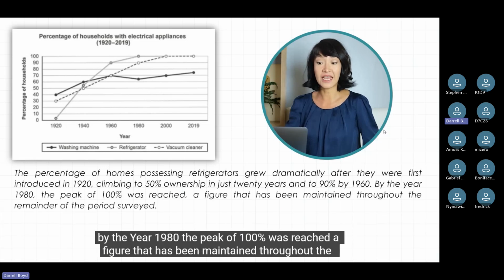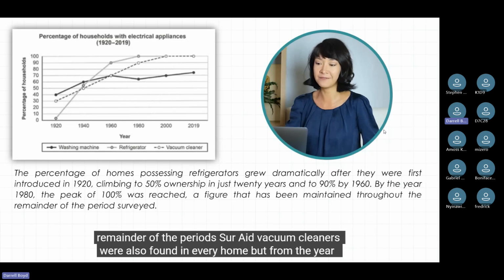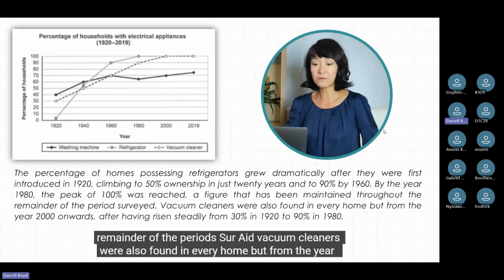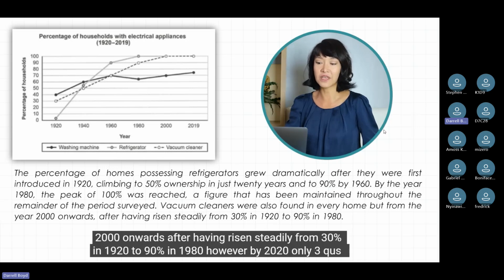By the year 1980, the peak of 100% was reached, a figure that has been maintained throughout the remainder of the period surveyed. Vacuum cleaners were also found in every home, but from the year 2000 onwards, after having risen steadily from 30% in 1920 to 90% in 1980.